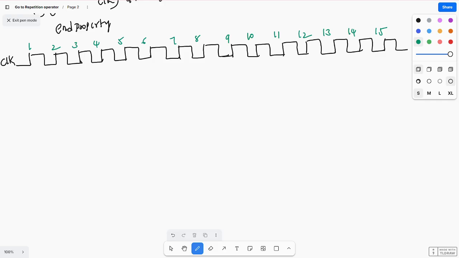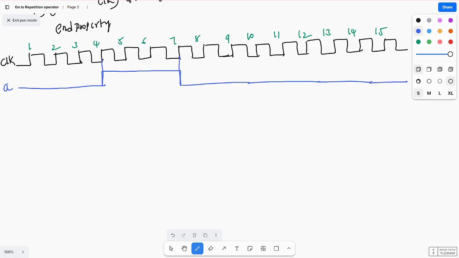Here A is initially 0. At the fourth cycle it becomes 1, and it will be 1 till the seventh cycle, and again it will be 0. It will be 0 only.